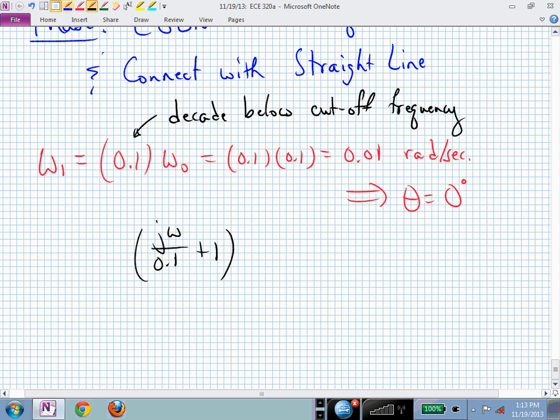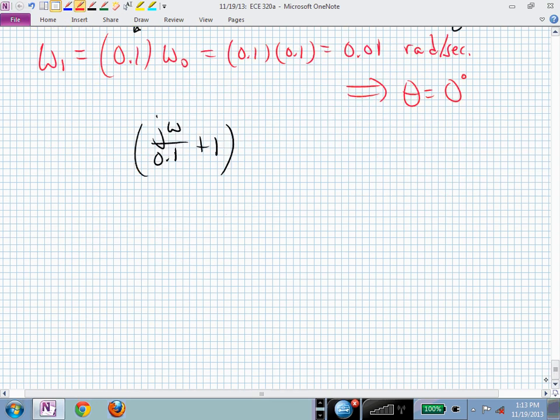Now the second frequency is our sweet spot, which we'll just say is omega naught. And at that point, in this particular case, when I set omega naught equal to 0.1, how do my real part and imaginary part relate in that factor? I have 1 plus j1, don't I?